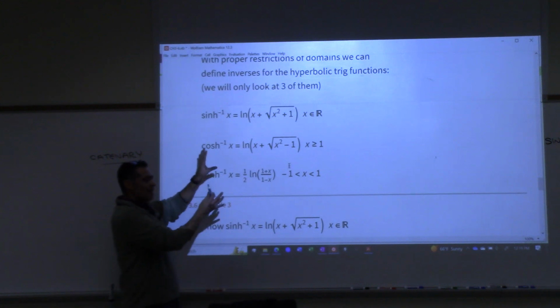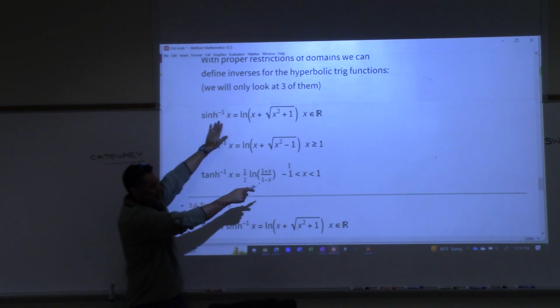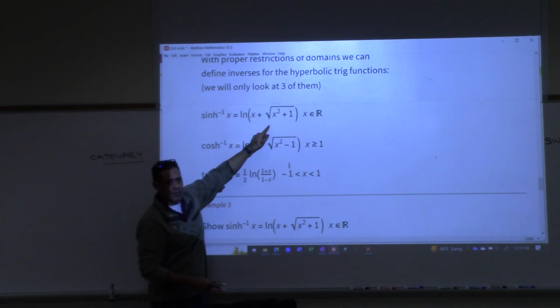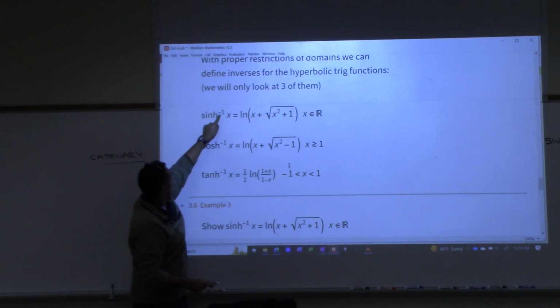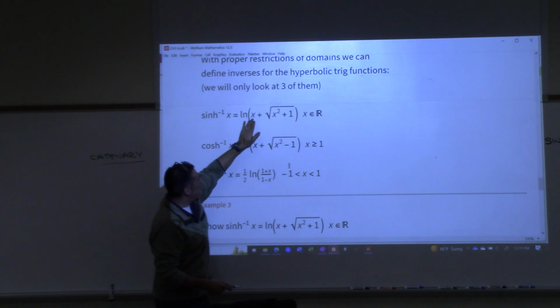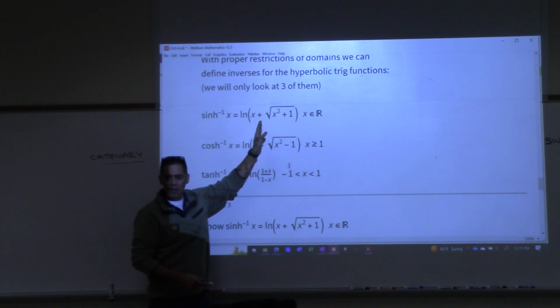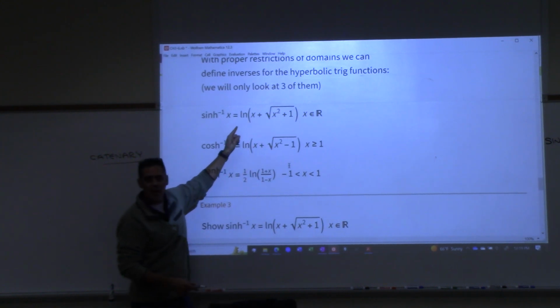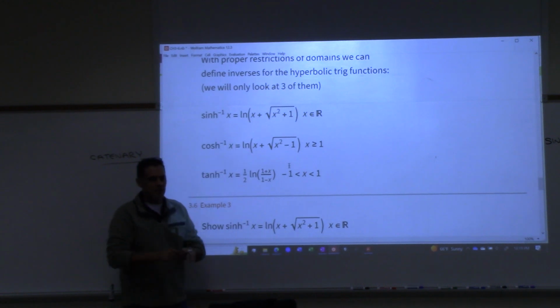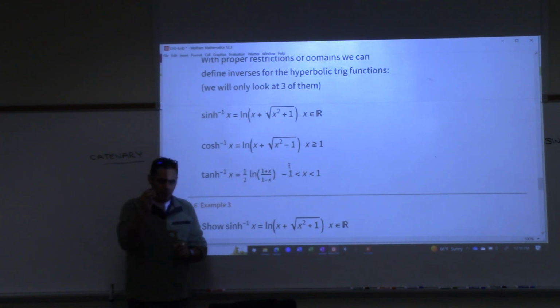I would like to back up and look at the definition of the inverse of that function. The inverse of the hyperbolic sine function is the natural log of this thing, right? It's weird. I want to prove why that's true. It's a disconnected idea from everything we're doing as far as derivatives and all that. But again, this is more for just an algebra thing.